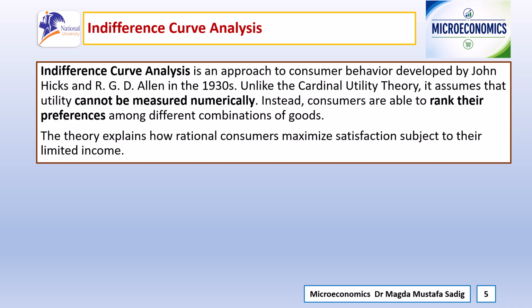Instead of measuring satisfaction, consumers simply compare different alternatives and rank them according to their preferences. So the main objective of this theory is to explain how consumers can allocate their limited income among different goods in order to achieve the highest possible level of satisfaction.